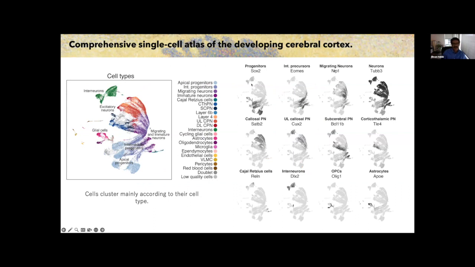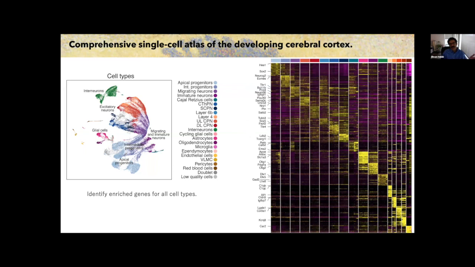In the earliest stages, you see the expression of apical progenitor markers like SOX2, and in the intermediate progenitors you see the expression of EOMES and others. Later on, you see the expression of TUBB3 as a marker for projection neurons and neurons in general. But something interesting here is that now we can go through all the cell types and define the signatures over time.